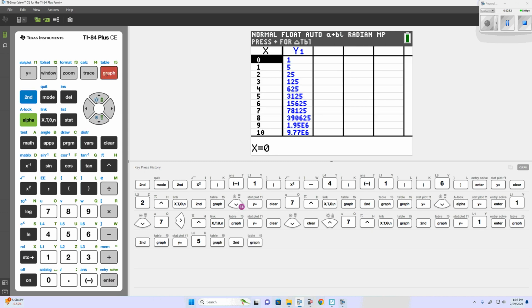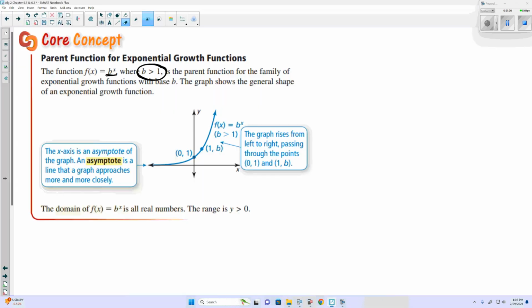The x values are increasing by 1, but the y values go from 1 to 5, 5 to 25, to 125, to 625, to 3,125. It's increasing at a faster and faster rate. That's why we call it exponential growth, because it is increasing exponentially.